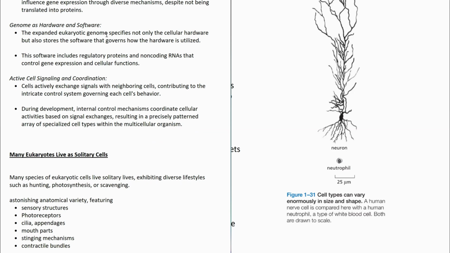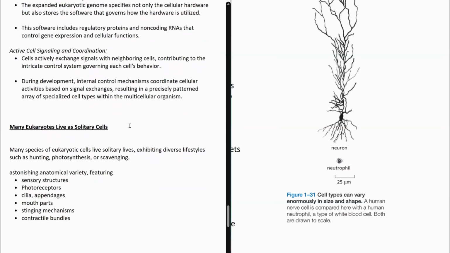I mentioned this in the first section: how the information in the DNA produces the protein via transcription and translation would ultimately come back to regulate the software. This software includes regulatory proteins and non-coding RNA that control gene expression, ultimately controlling gene functions.